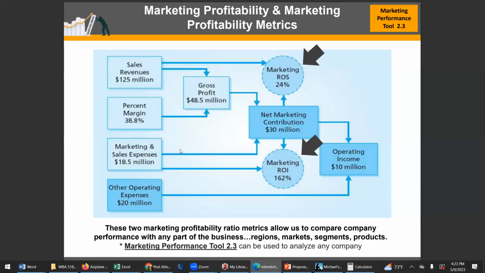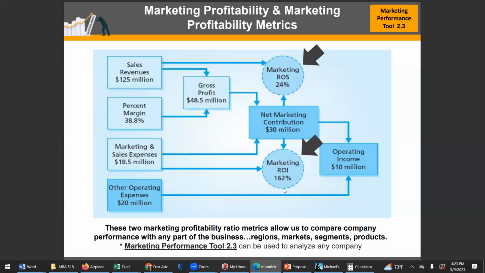So here, if we are able to break out net marketing contribution, we are able to say, well, when I am able to increase revenues and do that in a more and more efficient manner from a marketing and sales perspective, my marketing return on sales is going to go up, and equally, at least directionally, my marketing ROI is going to go up.